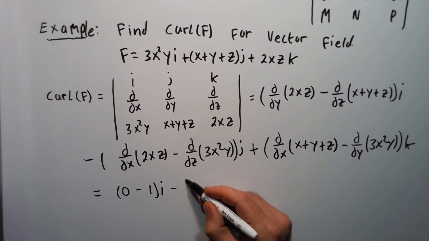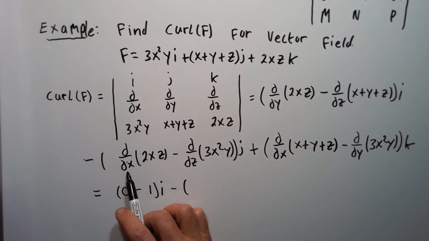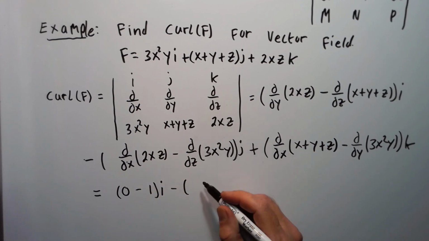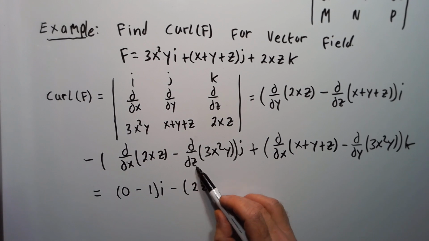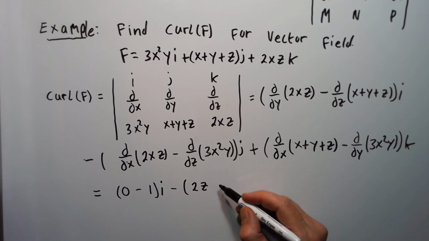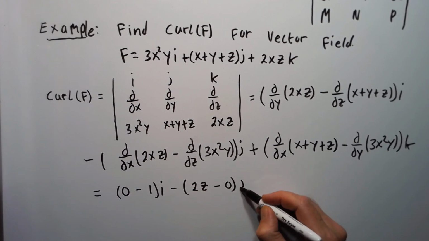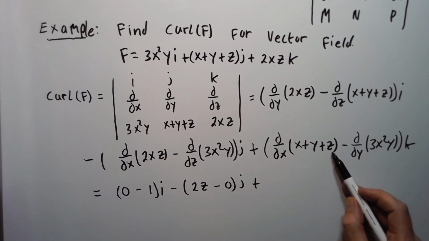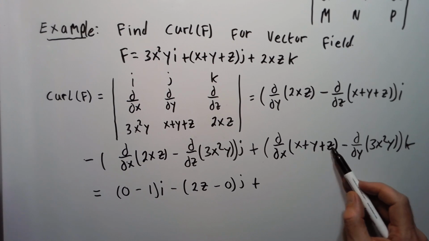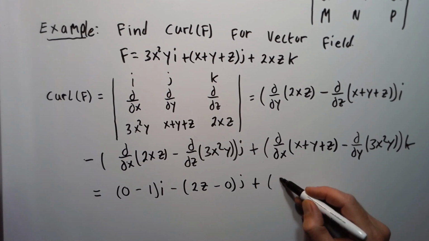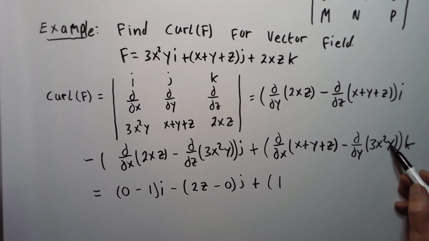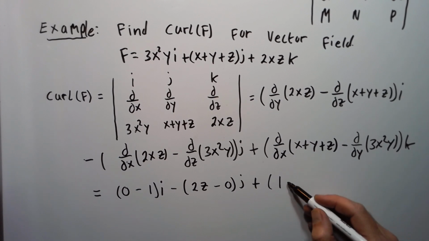Then minus, moving on to this one, partial x with respect to 2xz will just be 2z, and partial z acting on 3x squared y, there's no z's here, so it'll be 0. Then partial x acting on x plus y plus z, the derivative of x will be 1 and these are constants so will be gone, so it'll just be 1. Then minus partial y acting on 3x squared y, the derivative of y is 1, so it'll be just 3x squared here.